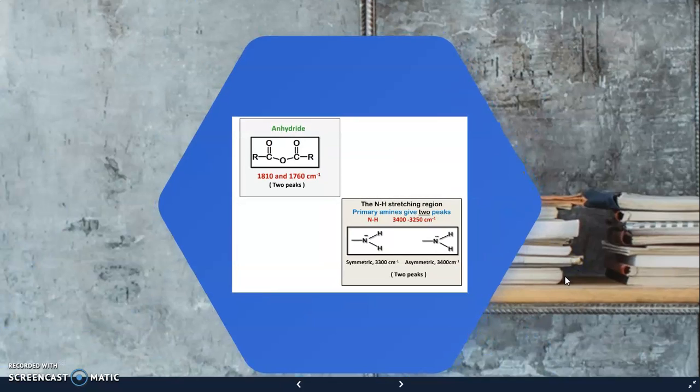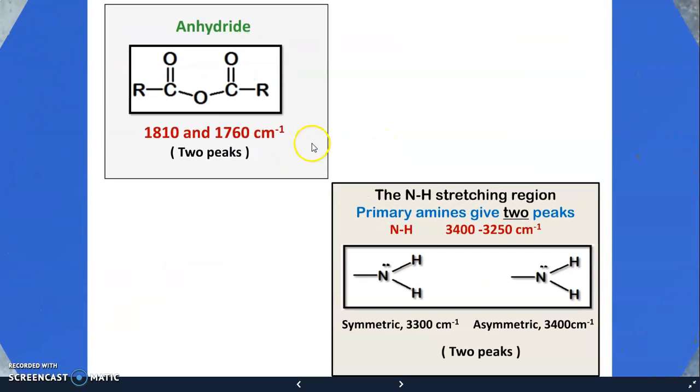This can be seen with the help of this example. If you see the anhydride, which has carbonyl groups, these carbonyl groups are undergoing resonance. In this resonance, it shows two peaks, which is called Fermi resonance.